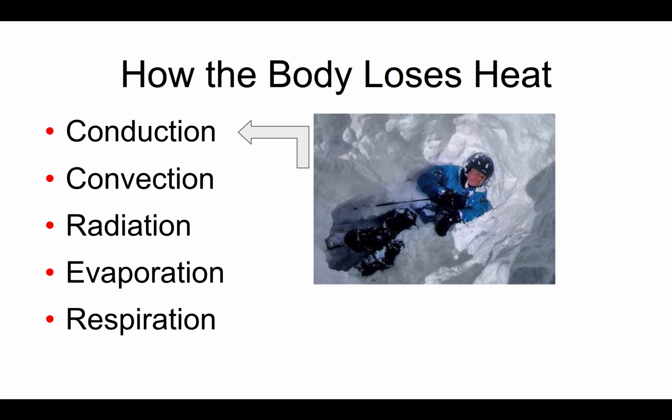You lose some heat due to radiation, as all warm bodies radiate energy out. Evaporation, when you have moisture on your skin, like when you're sweating, that evaporates and cools your skin. And then respiration, as you breathe in and out, that air is warmed inside your lungs, and then as you breathe that warmed air out, you lose that heat.